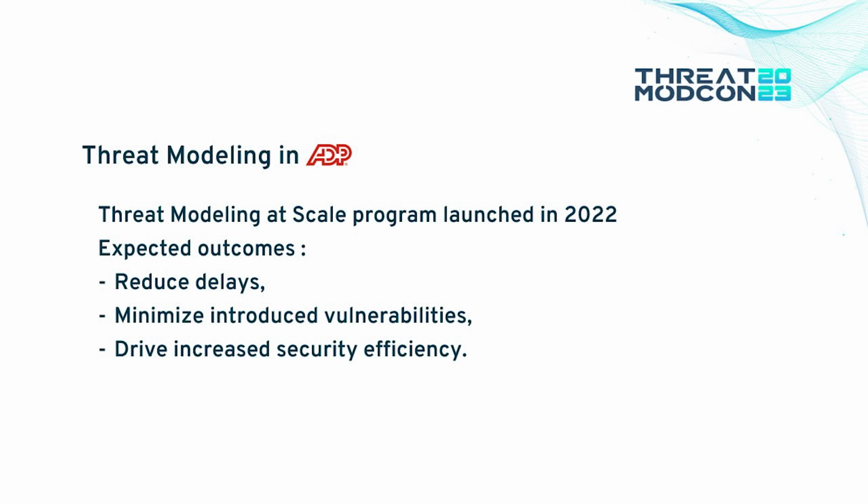So the Threat Modeling at Scale program was launched back in 2022, and it won't surprise anybody here in this room that the expected outcomes were to reduce delays for software development from security rework, minimize introduced vulnerabilities if you had the chance to do threat modeling before starting to code, and not for legacy products, and of course drive increased efficiency through consistent security requirements generation and assessment.